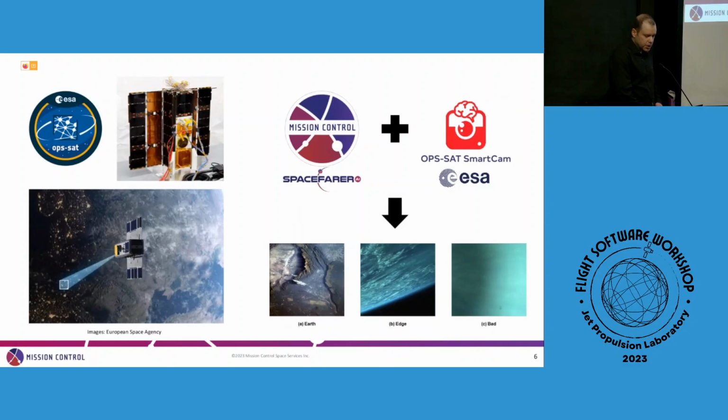The other example I want to mention is an experiment that we are running on the satellite created by the European Space Agency called OPSAT. OPSAT is essentially a platform to run experiments in space in low Earth orbit, and you can register to be an experimenter with ESA and then run things on the satellite.